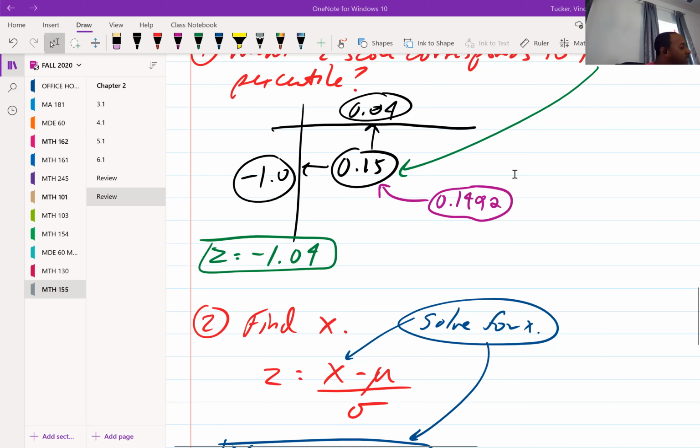Whether the last test is going to be cumulative or not, it depends. Let's see how far we get. I don't know how far we're going to be able to get in reference to the course. It's supposed to be cumulative. But let's get a little closer to the end. Right now you should be preparing for a cumulative test. At the same time, I'm going to give you a review.